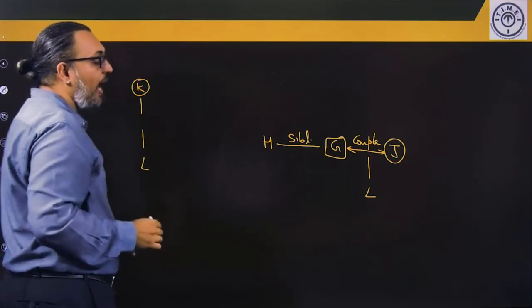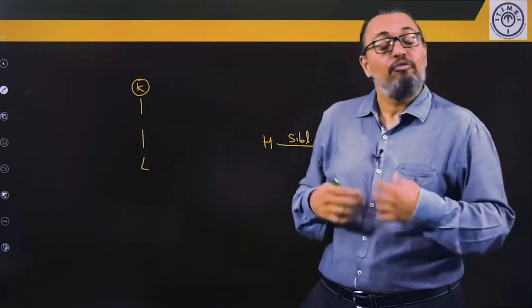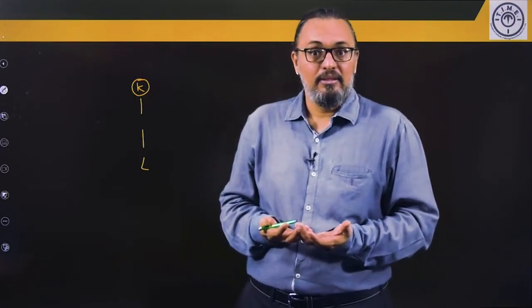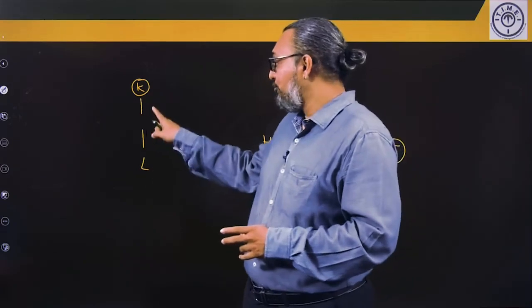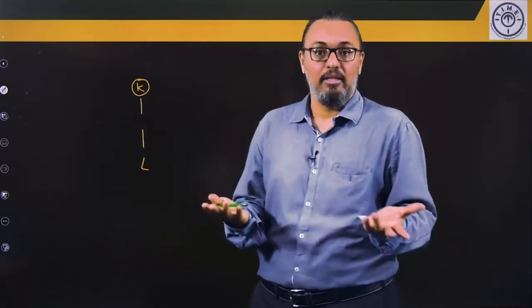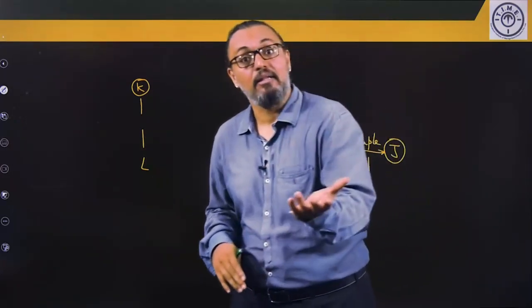So when we say grandmother to L, don't we have 2 grandmothers, correct? So you will get 2 possibilities: L can have a father, father's mother is grandmother, we call paternal grandmother, or L can have a mother, mother's mother is also grandmother, maternal grandmother.